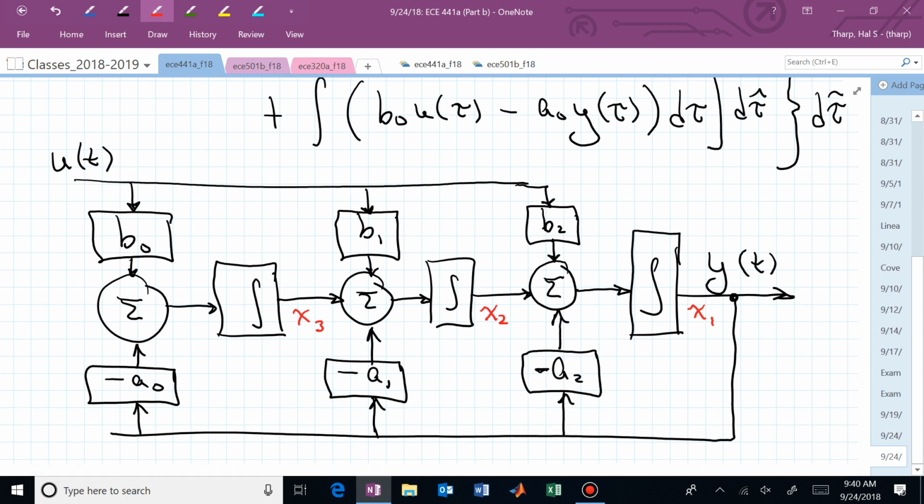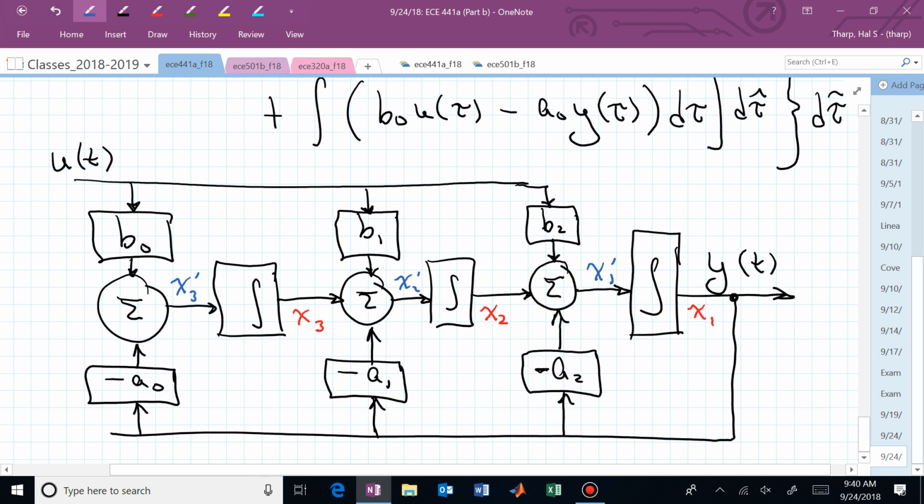If x1 is the output of the rightmost integral, what's the input to the rightmost integral? The first derivative of x1. Here it's the first derivative of x sub 2.